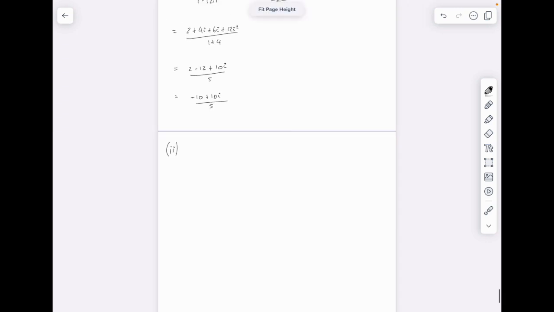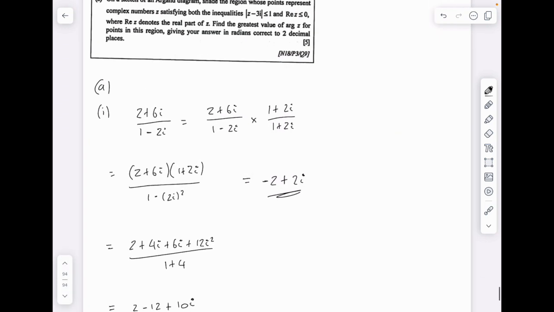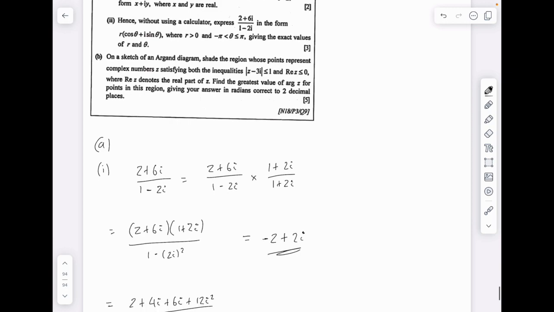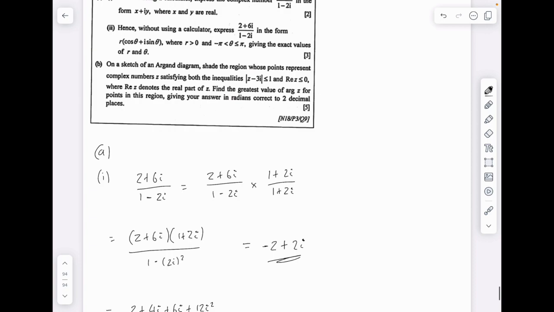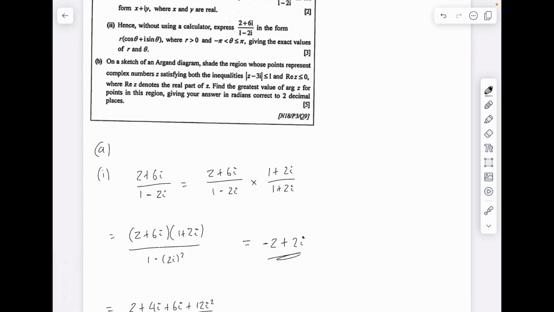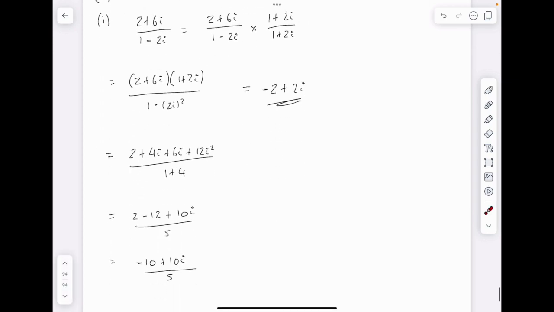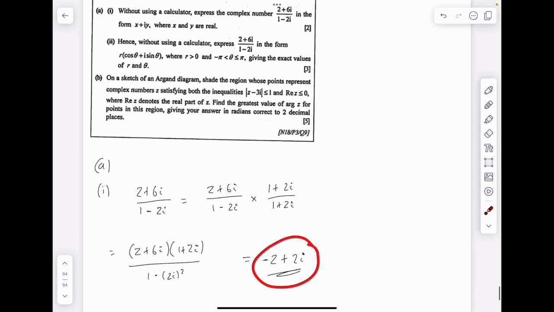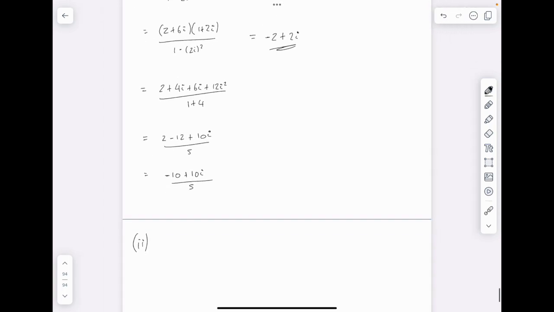Using the result we got before, we need to find the absolute value of what we've got here, because we've expressed it in this form.